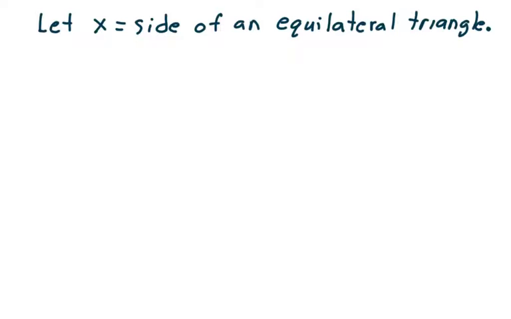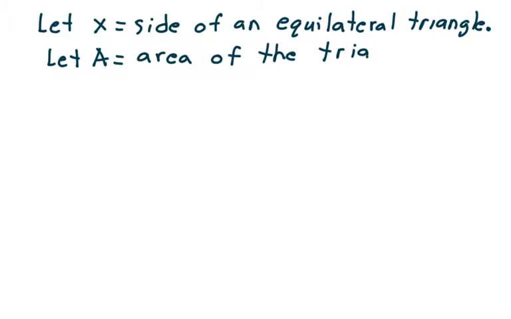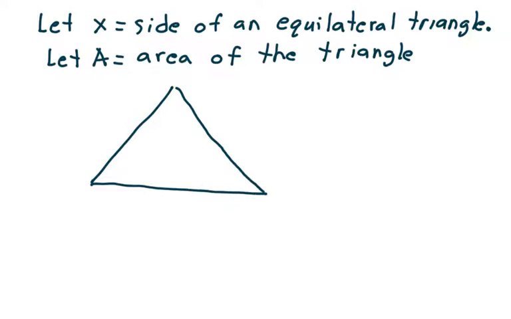Now, we need to derive the area. So we're going to let A be the area of the triangle. I'm going to show you how to derive that area. So let's draw a triangle here, and then we'll start writing down the information.